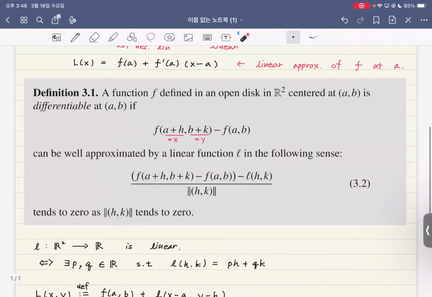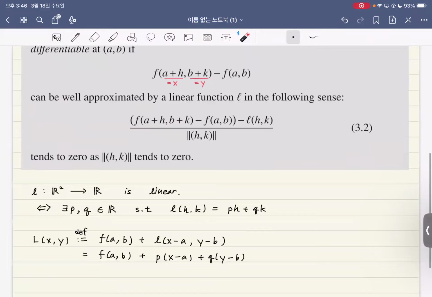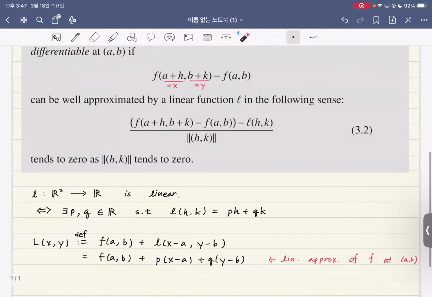Now I also want you to compare this equation with that equation. This equation is called the linear approximation of function f at (a, b).